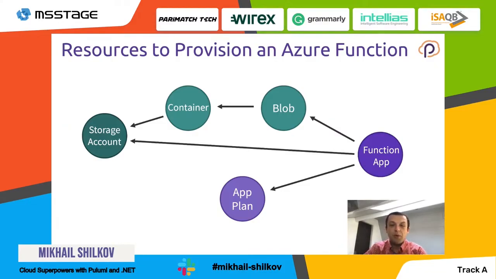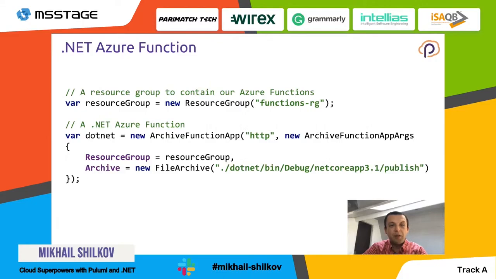You have to deploy an app service plan, and you have to deploy function app, and all of this goes to a resource group. So instead of defining them again and again in every application, you can go ahead and create a component. That's what I did in this example. I created a component called archive function app, which basically deploys those 5 resources for you on your behalf.